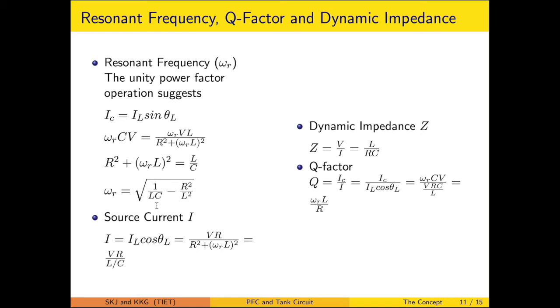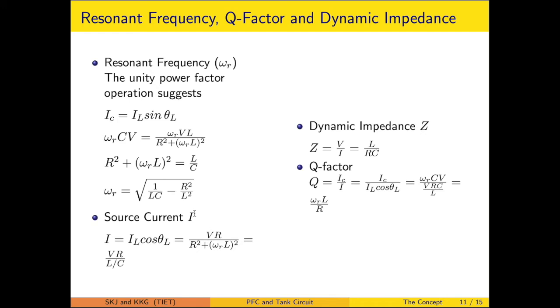So this is the same resonant frequency that we achieved in the series resonant circuits and the parallel resonant circuits. But this is possible only when R is approaching 0.